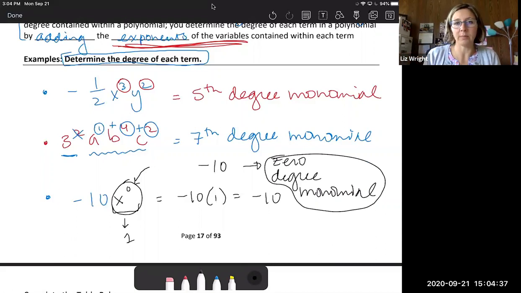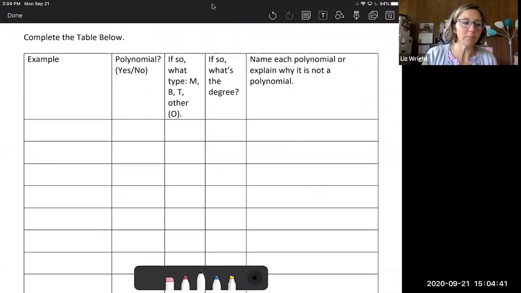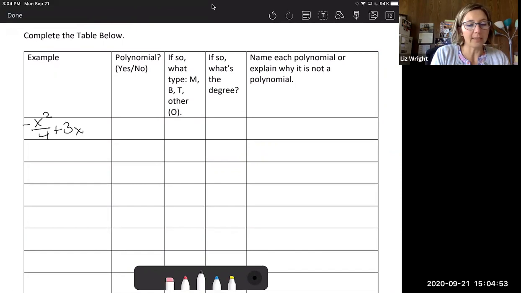We're going to look at some different types of polynomials on the next page. So in this table, we're going to fill in some different examples. The first one I want you to fill in is going to be -x squared over 4 plus 3x minus 1/2. And you should ask yourself, is this a polynomial or not?